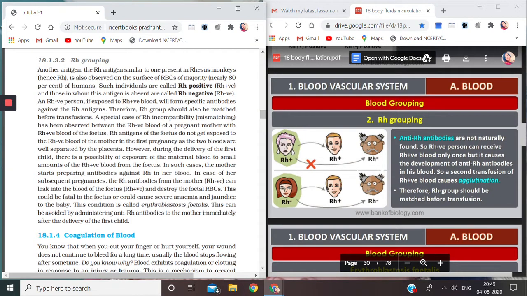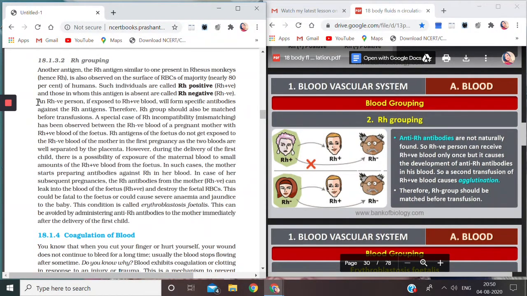And as soon as something enters our body which is not recognized by our body, it tries to make antibodies to fight against those foreign substances which have entered our body. So the person's body will make certain antibodies against the Rh antigen.